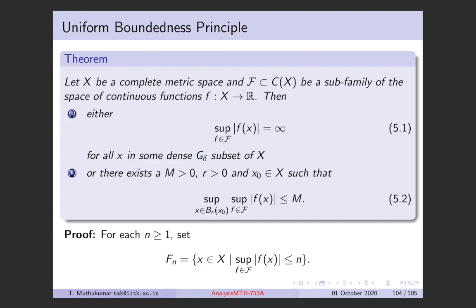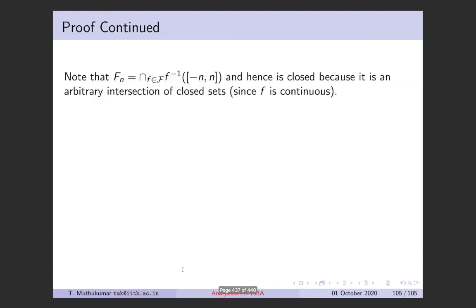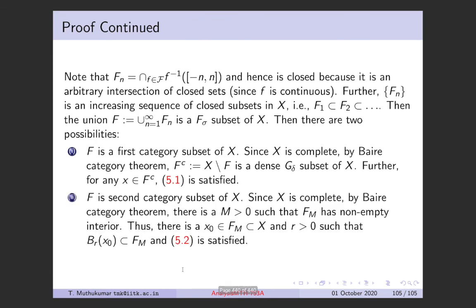And when you say B(x0, r) is contained in Fm, the supremum over that ball is also bounded by N, because this entire bigger set is contained in it. So B(x0, r) is a collection inside this set S_N. That way we have shown both these properties.